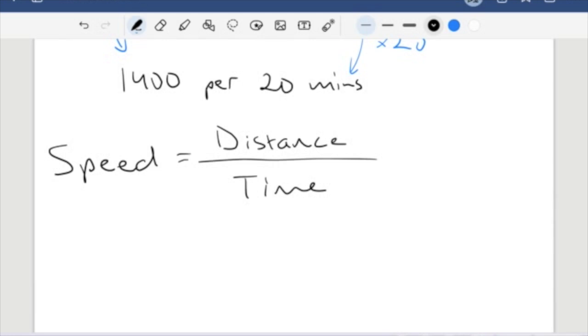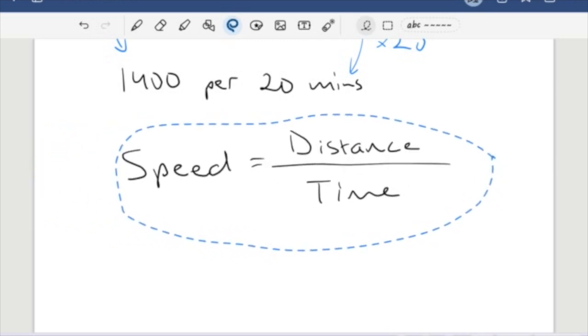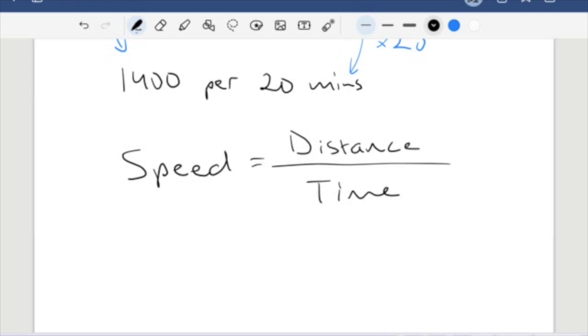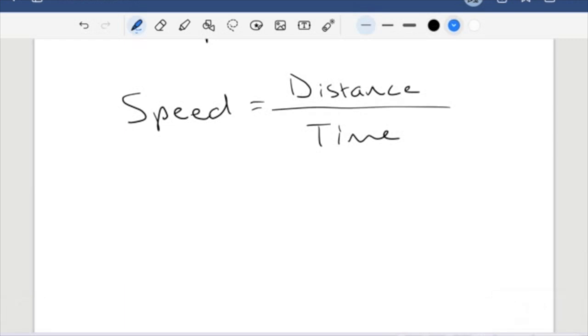Now, this is an equation that relates speed, distance, and time. Now, since this is an equation, we can rearrange it. As long as we do something to both sides, we can move this around and set up another two different equations.